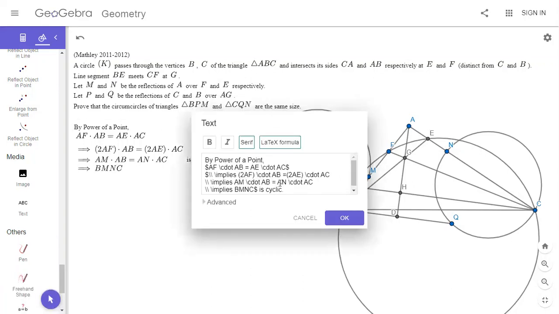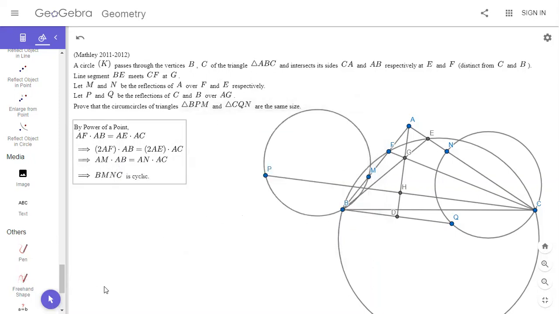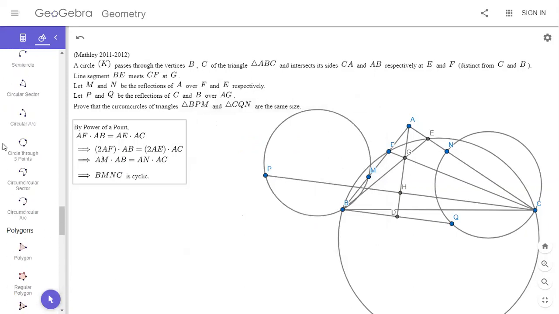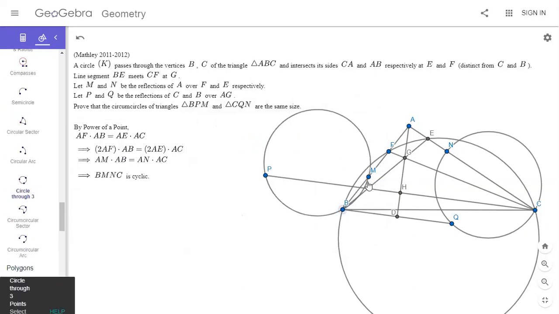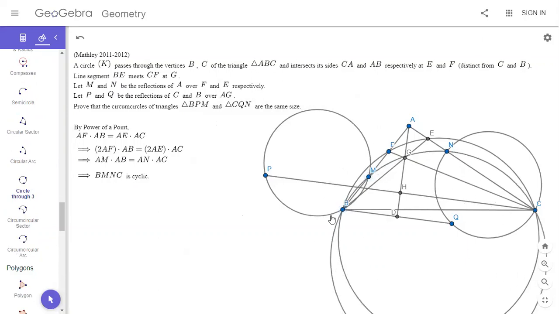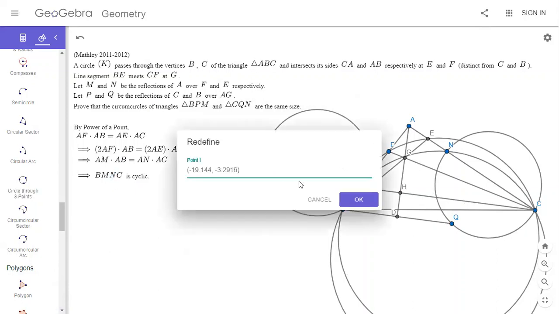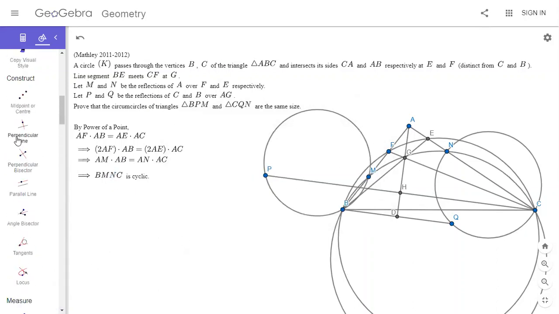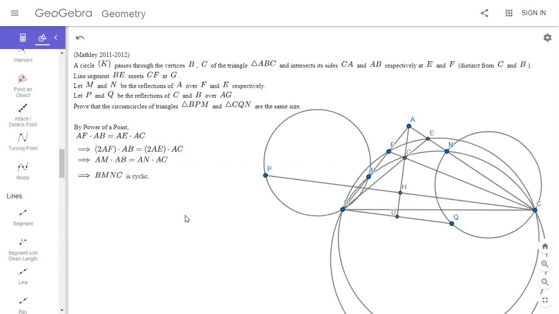Okay, so then we know BMNC is cyclic. Now, actually, we don't even really need to say that it's cyclic.